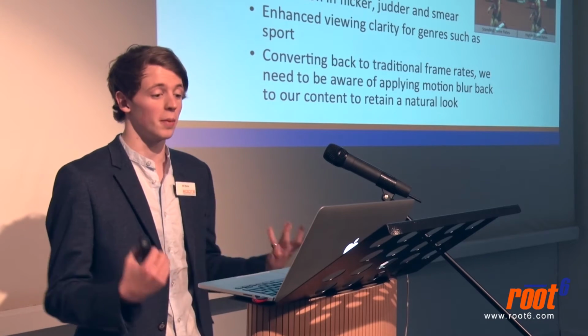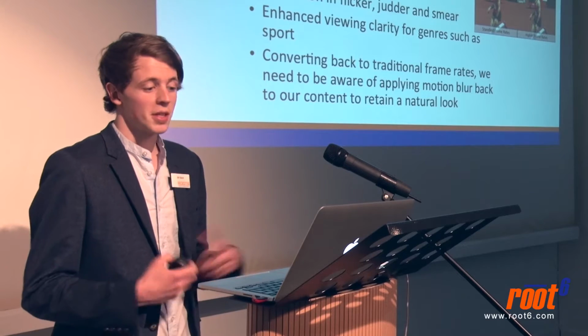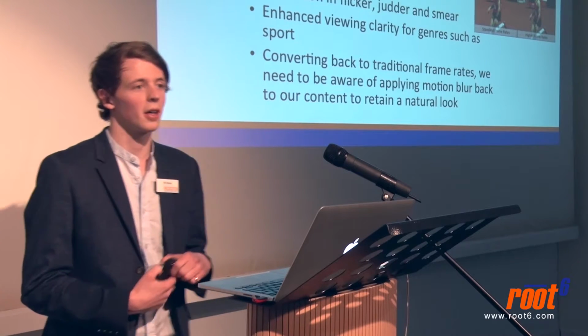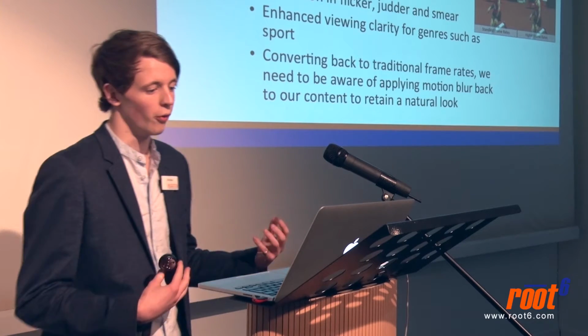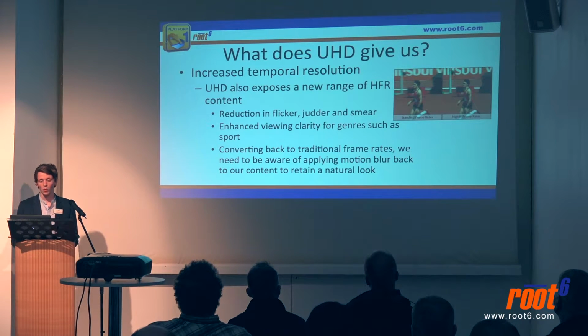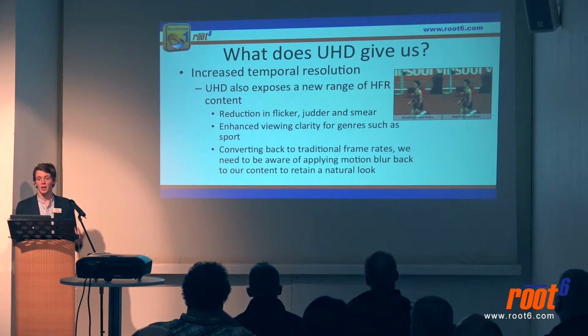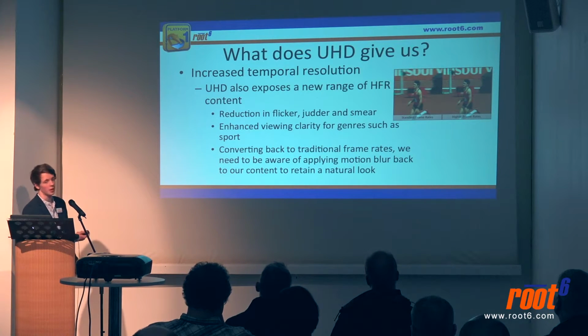By judder, I mean a perceived uneven or jerky video playback arising from a movement of objects or detail from one frame to the next. Smear is when objects move too quickly and appear to smear across the background for the temporal resolution that we're sampling in our frame rate.